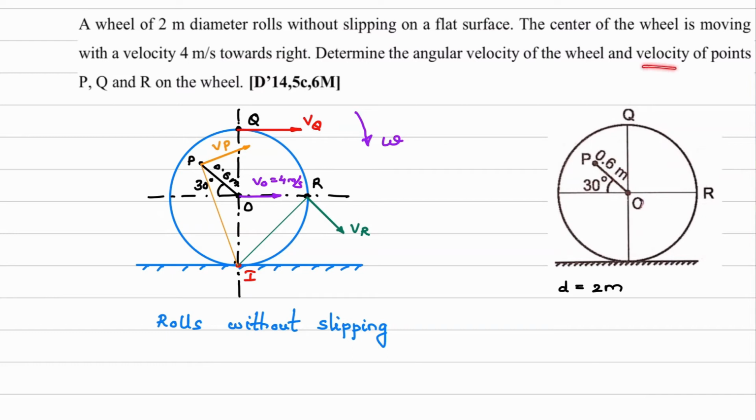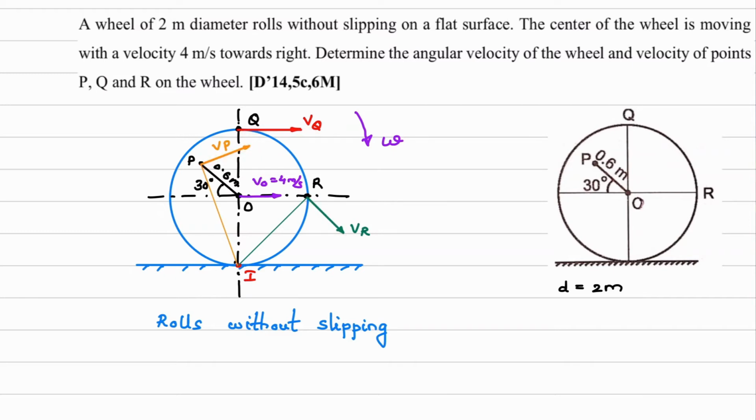Then the velocity of points P, Q and R on the wheel. So you have to join all the points with ICR: join IQ, IR and IP, and calculate all these distances so that we can calculate VP, VQ and VR.